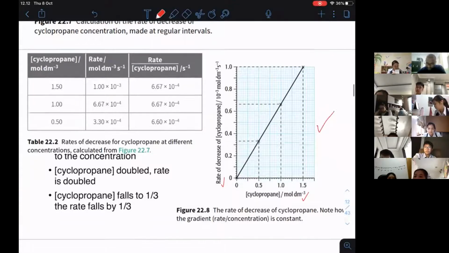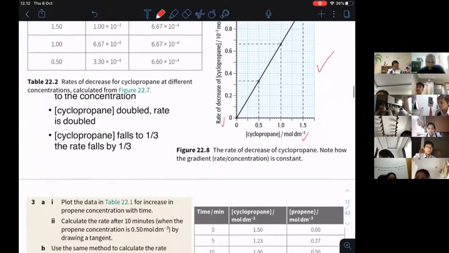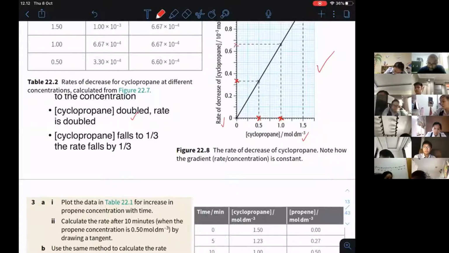From here, what I can see is that when my concentration is doubled, when 0.5 becomes 1, what happens to my rate? My rate was somewhere here, now it becomes somewhere here. I found out the rate becomes double. This one is maybe 0.3 something, so it became 0.6 something here.